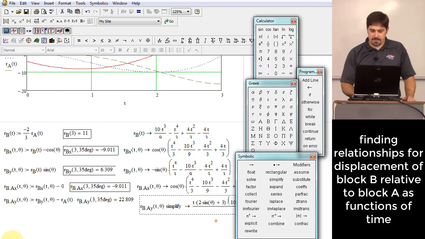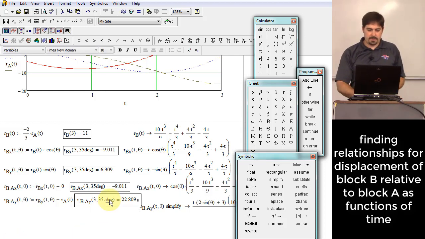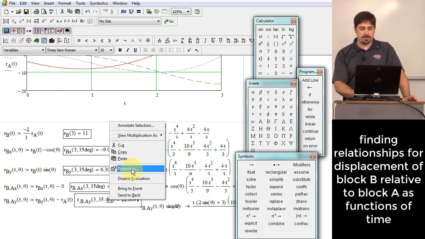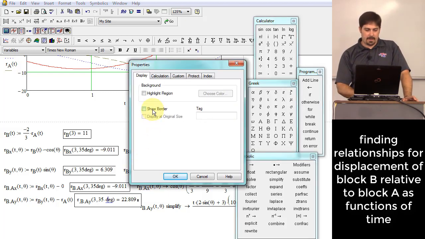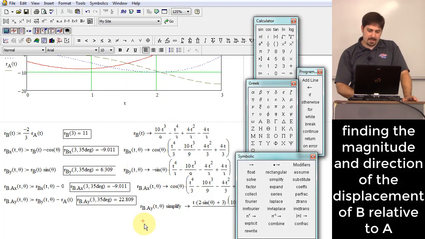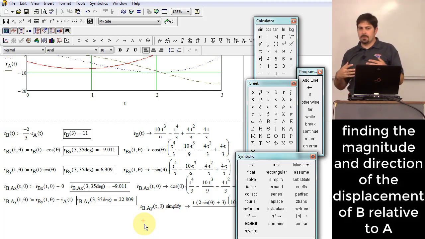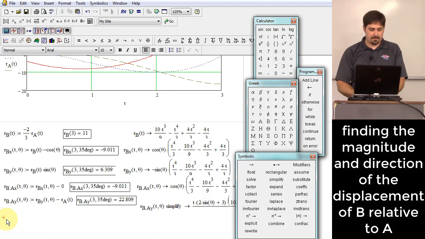A couple other things I'll touch on here, even though this was basically all that I asked for with respect to the position side of things. An interesting thing is, what if you come up with the overall magnitude of the position or the displacement of B relative to A? How do you think you come up with that? I'll just call that RB relative to A without any other subscripts.